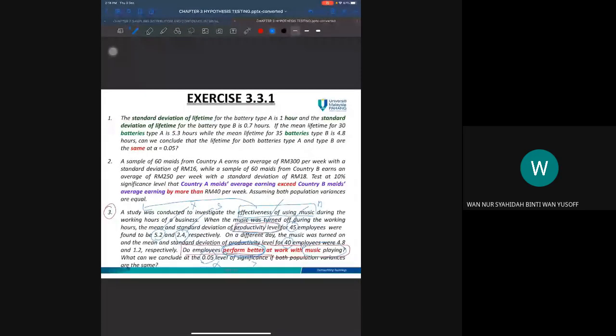So it is not always that perform better is greater than. But in this case, you are lucky. Even if you don't understand why it is greater than, you are lucky if you write greater than. But sometimes we do have less than for perform better.